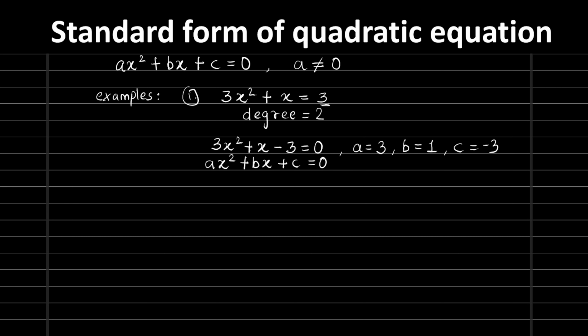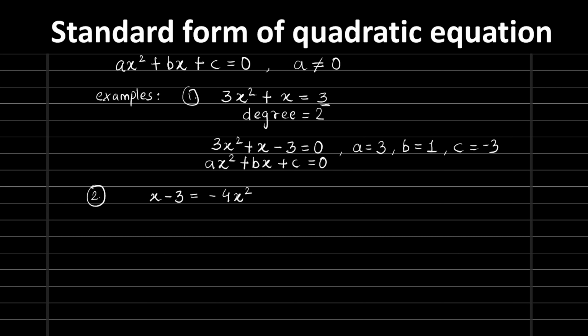Now, let's take one more example. Let's say you have x minus 3 equal to minus 4x square. Now, looking at this equation, we have to first of all understand whether it is a quadratic equation or not.